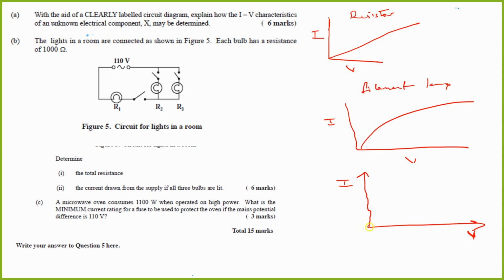When it comes to the diode, the semiconductor diode, the shape of that now looks something of this nature, right? And you could also have an additional part of the graph to it. But the main part is this part. It just shows you how the thing works.